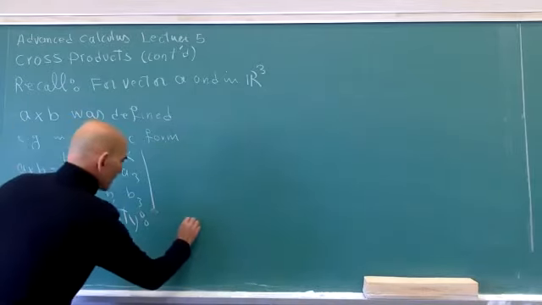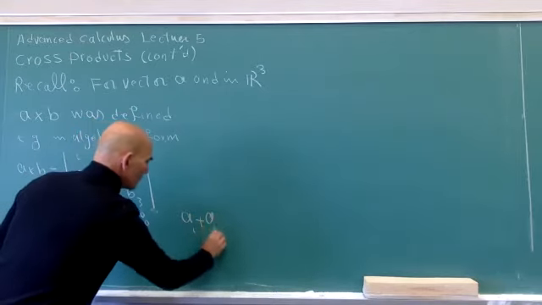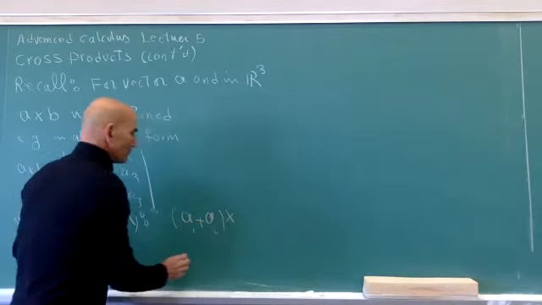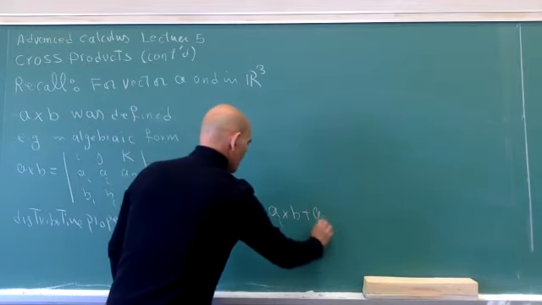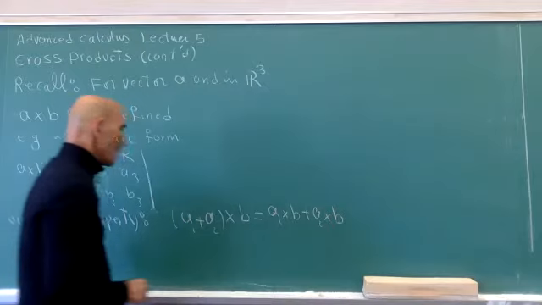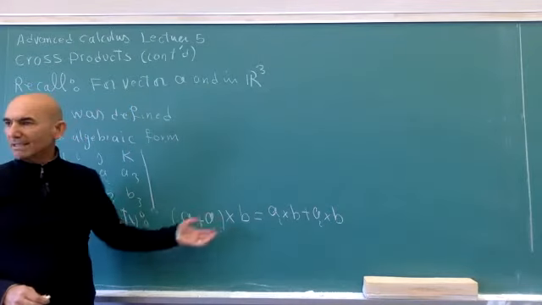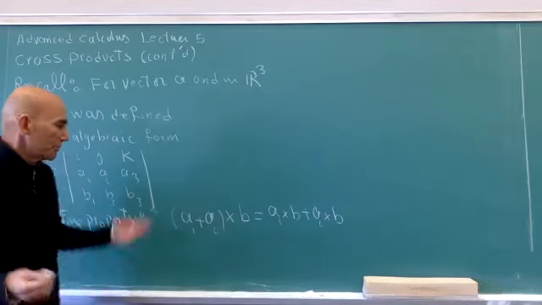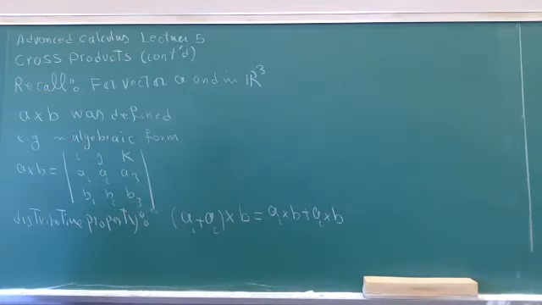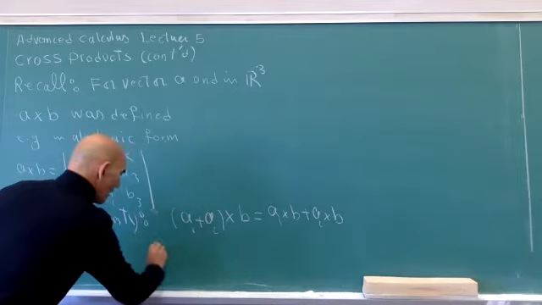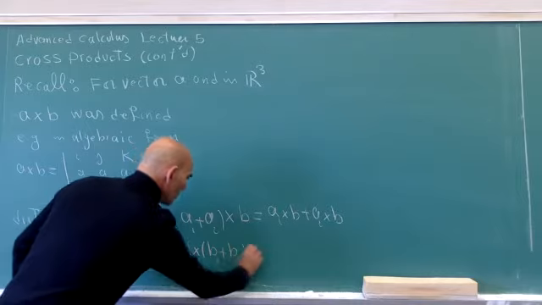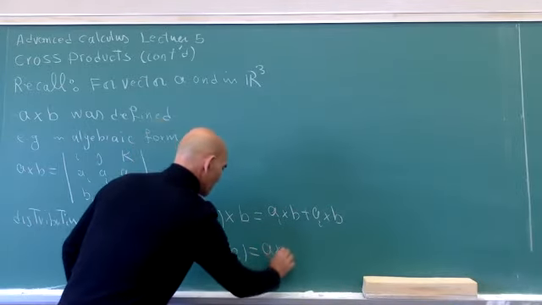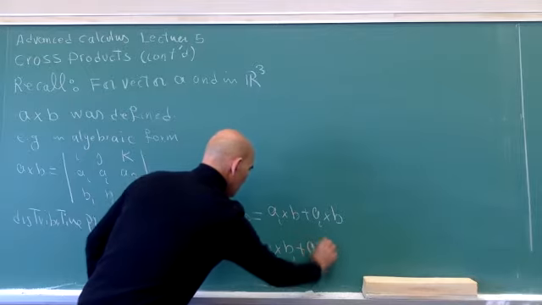In other words, A1 plus A2 crossed with B is equal to A1 cross B plus A2 cross B. It can also be called linearity, but the book calls it distributive. And the same with A cross B1 plus B2, which is equal to A cross B1 plus A cross B2.